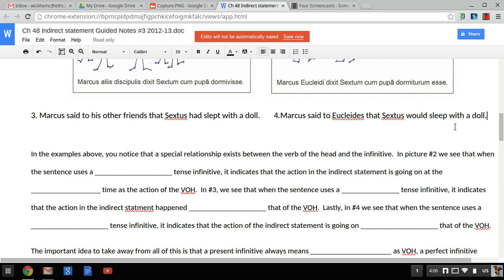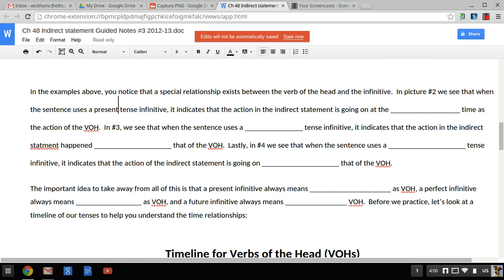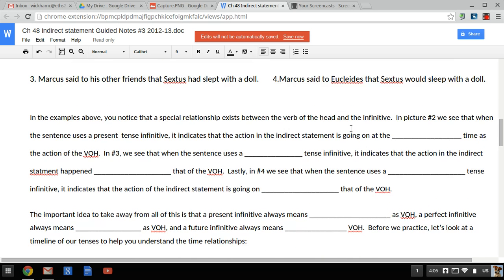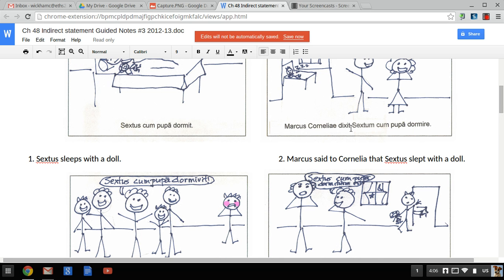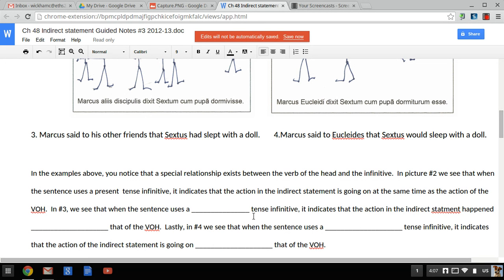In picture 2, we see that when the sentence uses a present tense infinitive, it indicates that the action in the indirect statement is going on when? At the same time, hopefully you said at the same time as the action of the verb of the head.